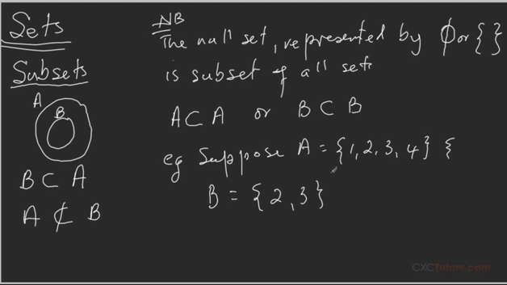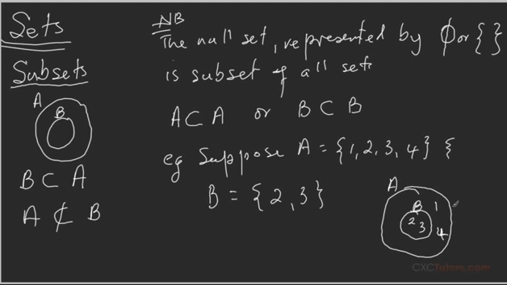Then, as you can see right there, B is a subset of A, since every member of B is also a member of A. And if we were to represent this information using subsets and sets, we would have this as set A, and then we would have our set B like this, and then 2 and 3 would be in set B only, and then 1 and 4 would be in set A alone.